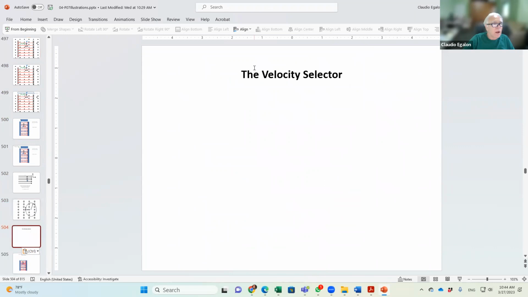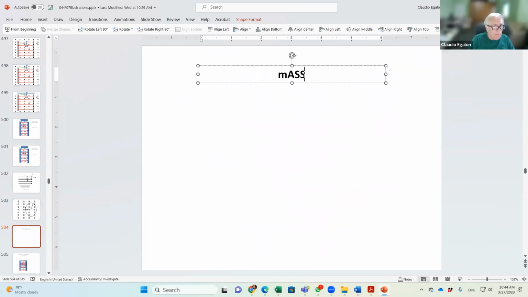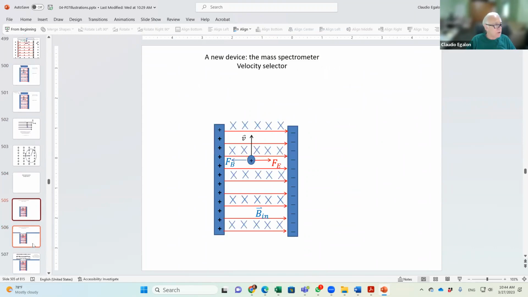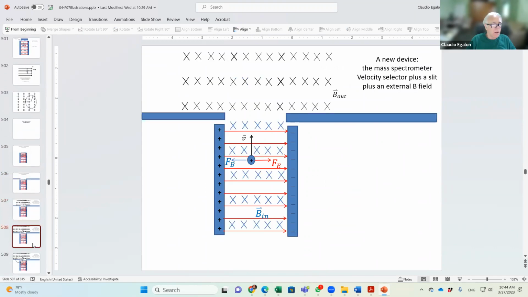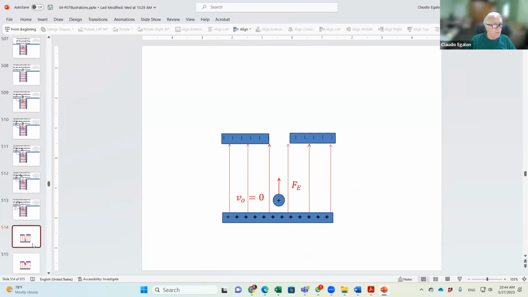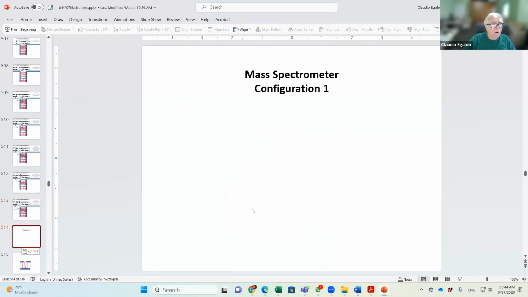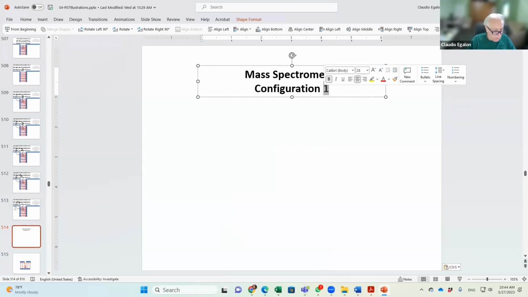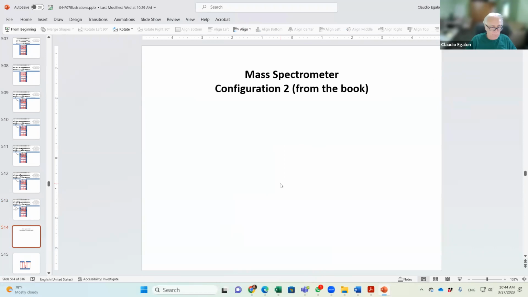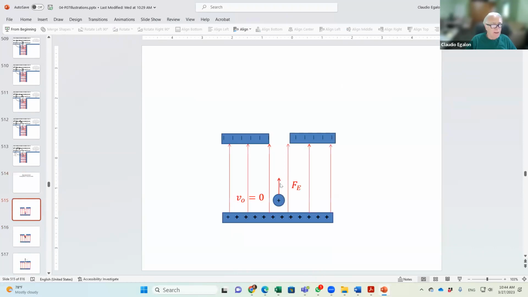Mass spectrometer configuration 1. And then we have the mass spectrometer configuration 2 from the book.